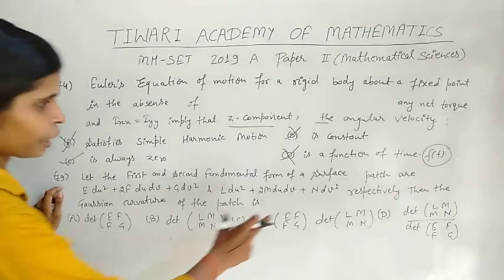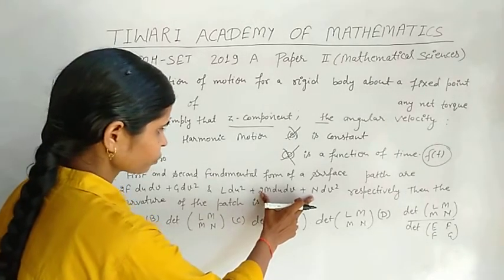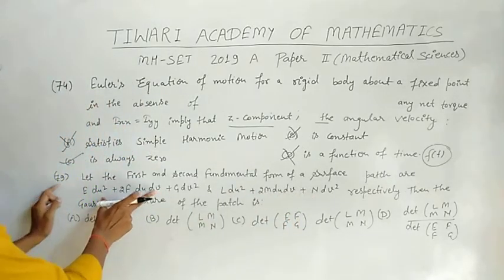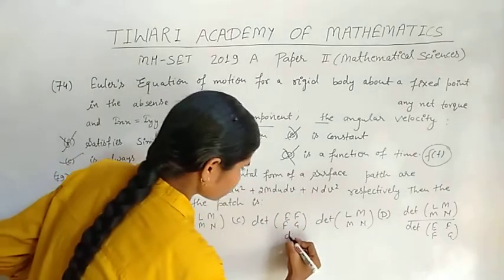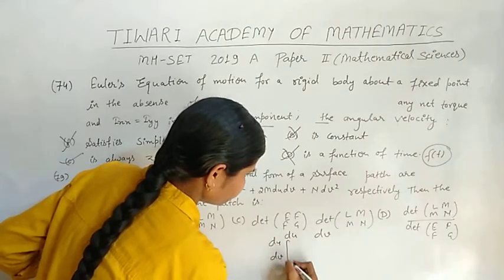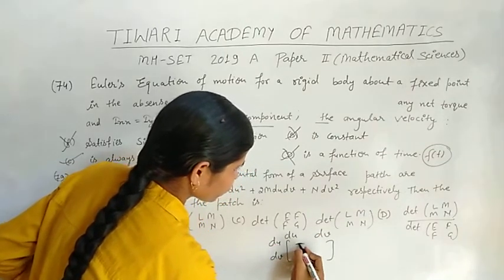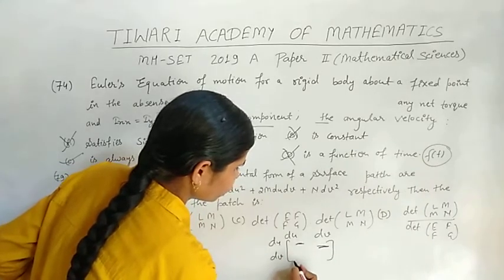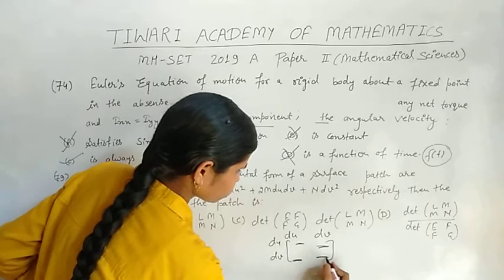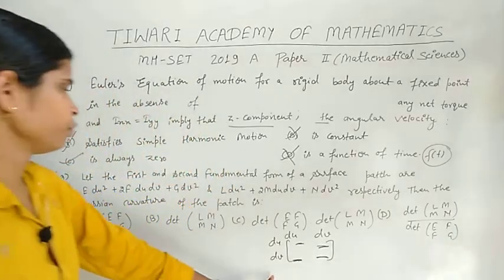Means determinant this divided by determinant this. This is du, this is dv, this is du dv. Means coefficient of du square, coefficient of du dv, coefficient of dv du, and this element is coefficient of dv square.